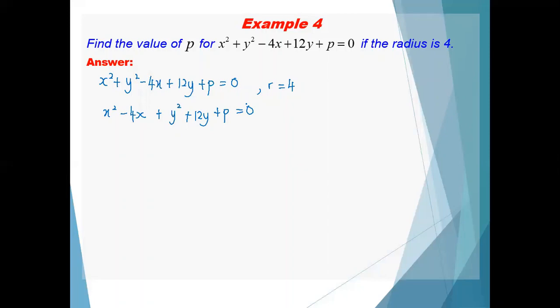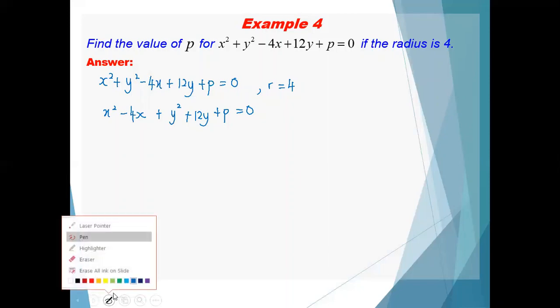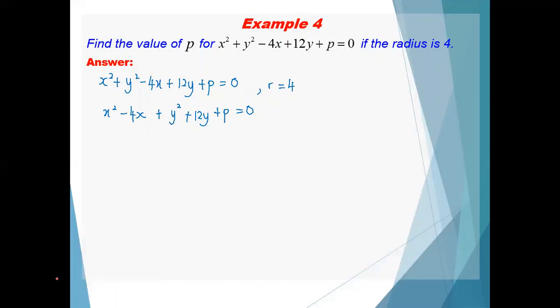Okay, macam mana nak buat? Ini sama dengan yang sebelumnya. Okay, which is you have to do completing the square method.